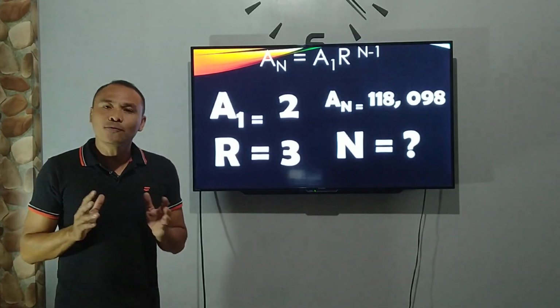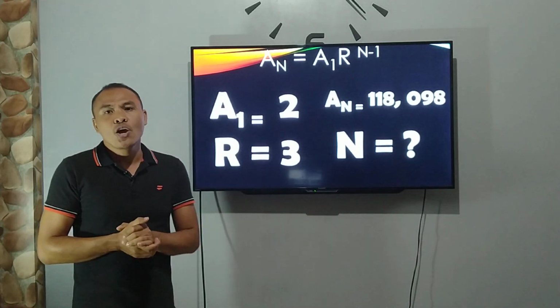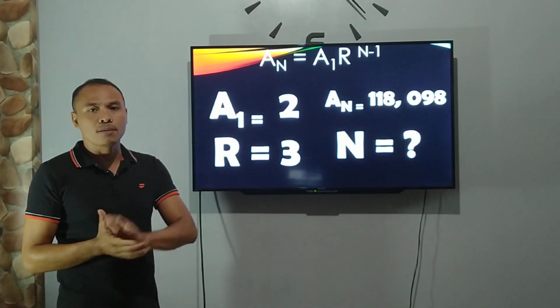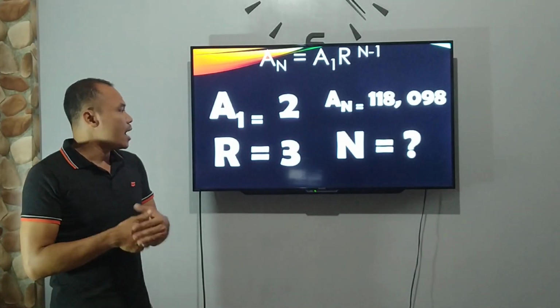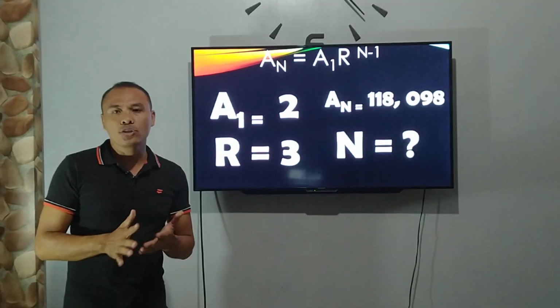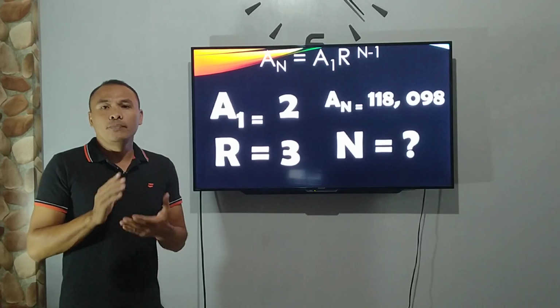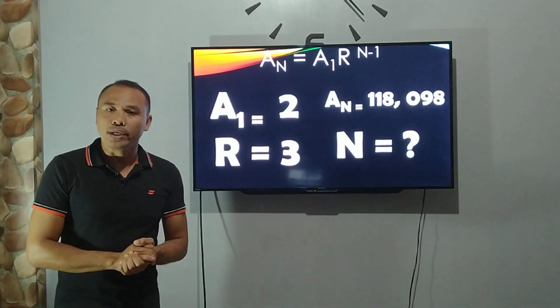Let us first identify the given in order for us to substitute to the formula. Our first term is 2, and r is 3, the common ratio. And a sub n, the last term, is 118,098. And the unknown is n.